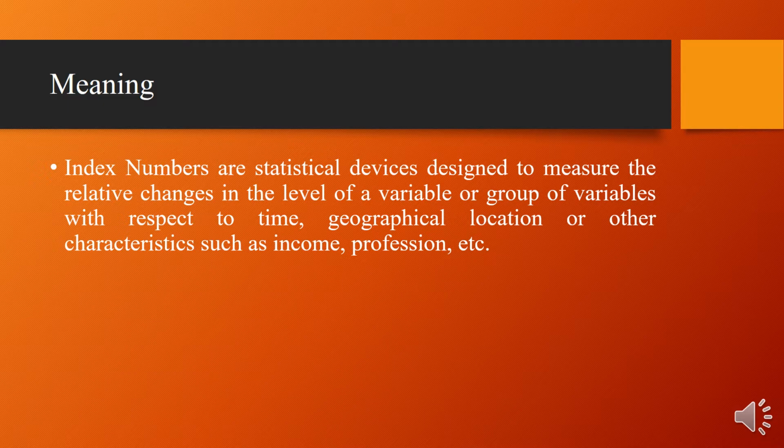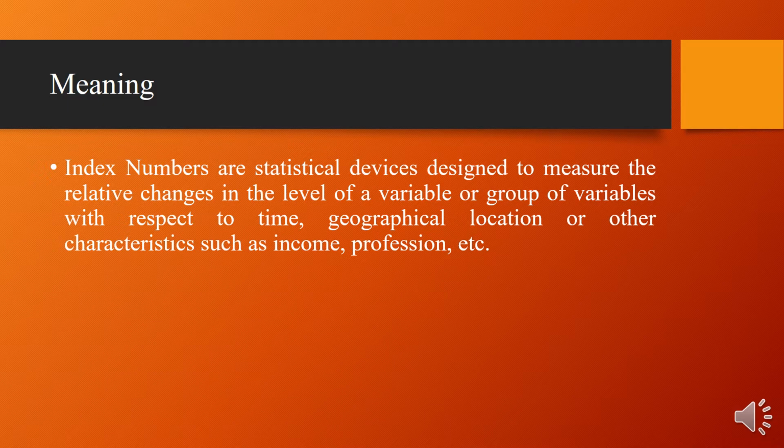It's a statistical instrument which is designed to measure the relative changes in the level of a variable, say for example price, or group of variables with respect to time, geographical location, or other characteristics such as income, profession, etc.